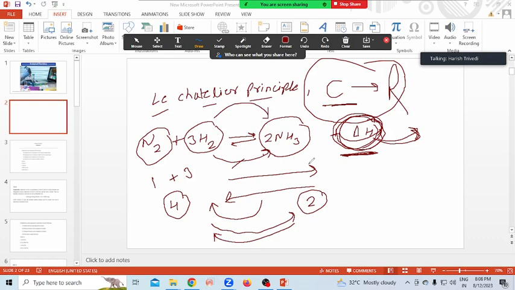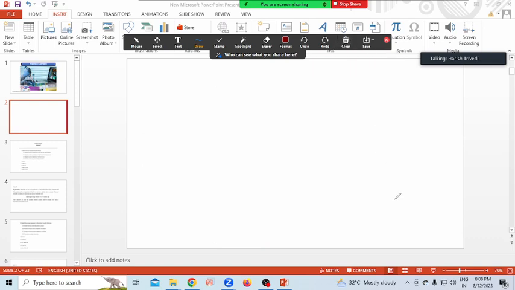But if you are adding concentration of product, then the reaction moves toward the opposite side. This is the effect of concentration, and by this concept we can understand how our equilibrium will be disturbed by adding extra temperature, pressure or concentration, or vice versa if we reduce temperature, pressure or concentration.